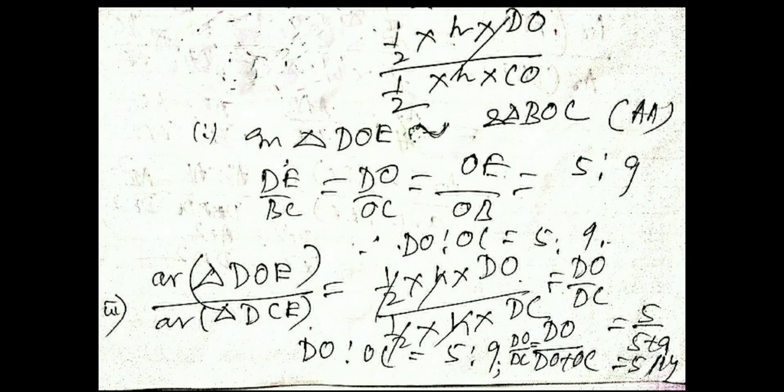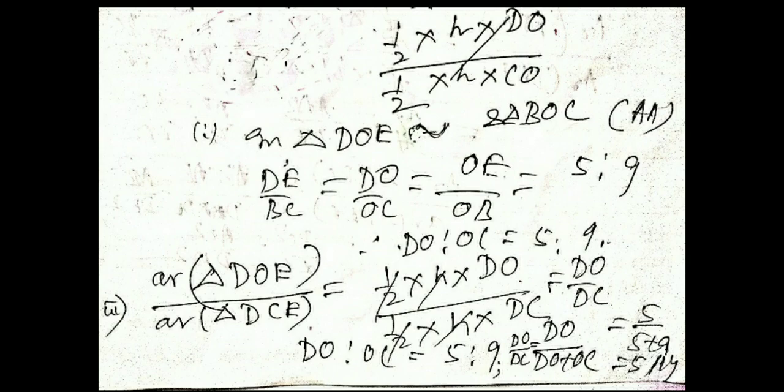So DE by BC is equal to DO by OC is equal to OE by OB is equal to 5:9. So you got DO is to OC is equal to 5:9. Therefore, DO is to DC is equal to DO by DO plus OC, that is 5 by 5 plus 9, equal to 5/14. Now come to the triangle.